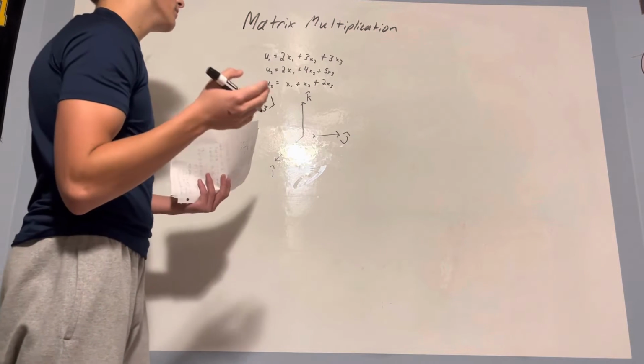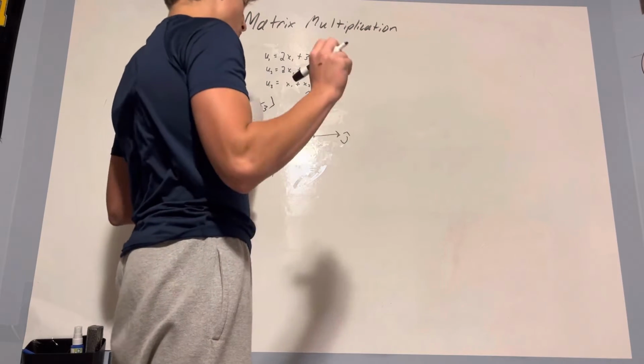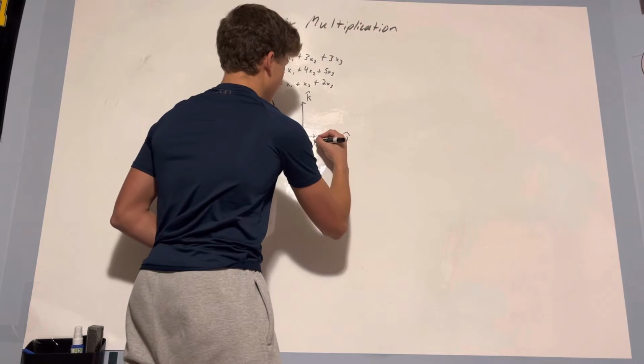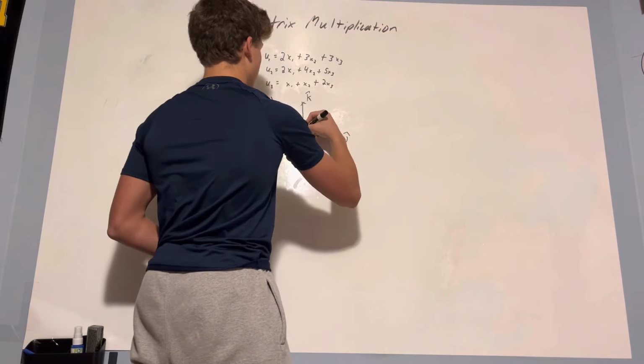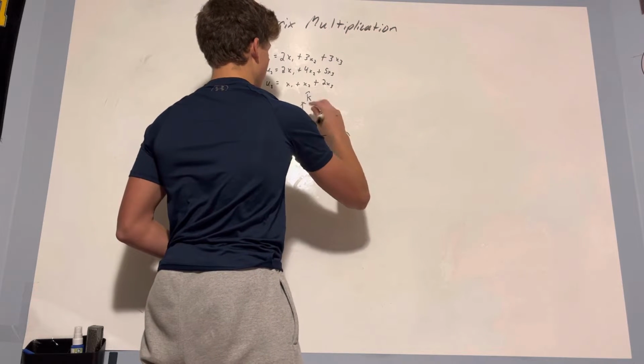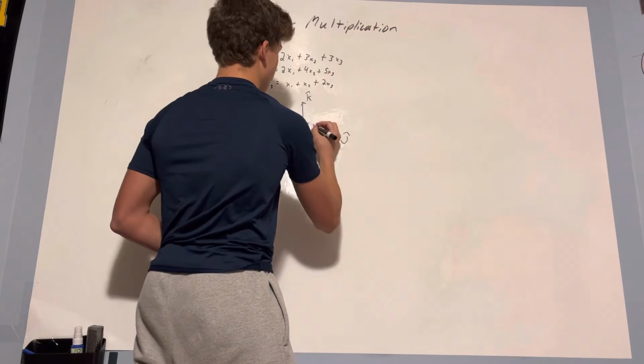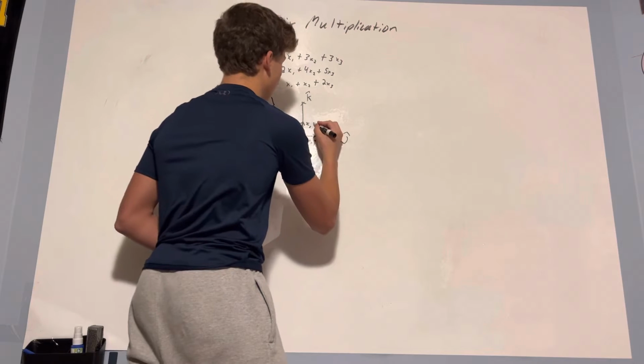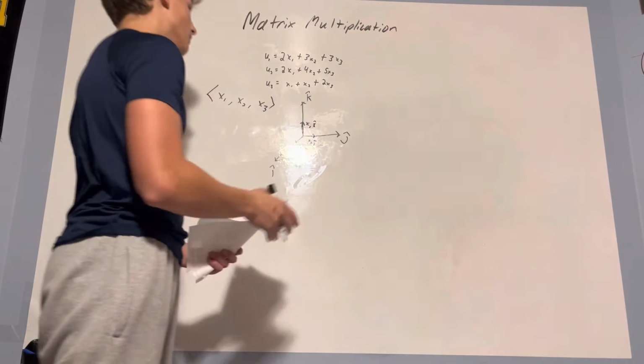So that's just a normal vector in our quote-unquote normal coordinate system. Then here we're going to have x2 j hat, and up here some other vector that is one-dimensional, because it's only going along one component of these i hat, j hat, and k hat. This one is just in the k hat direction.